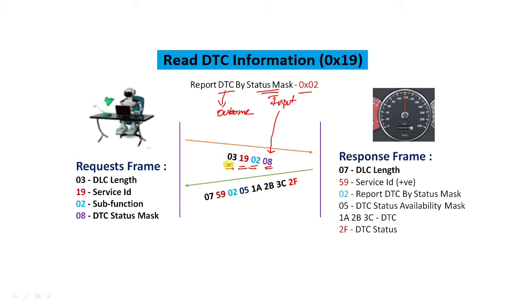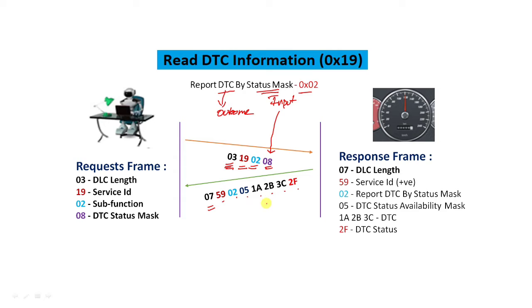Here the first byte indicates the DLC, the data length code. This byte just calculates the number of bytes used in the frame. Here 1 2 3, so it is mentioned 3. Here if you see 1 2 3 4 5 6 7, it's mentioned as 7. It can accommodate a maximum of 8.